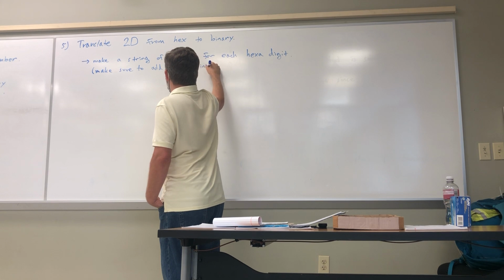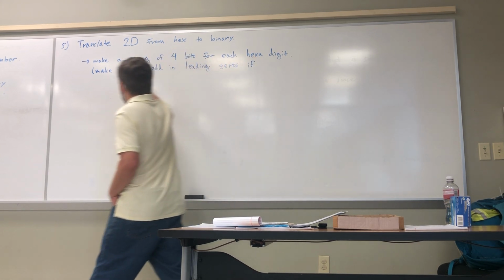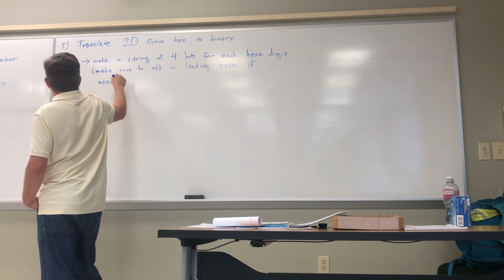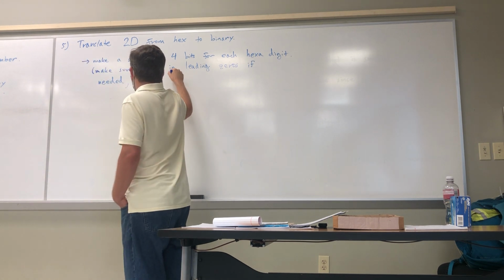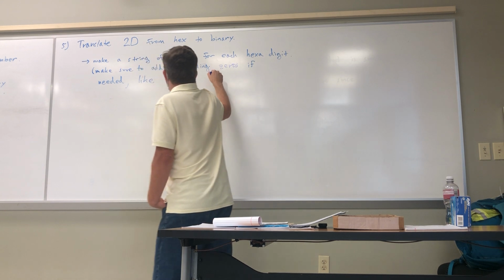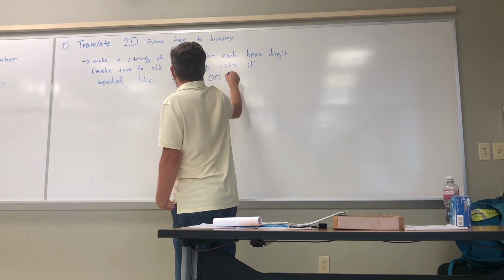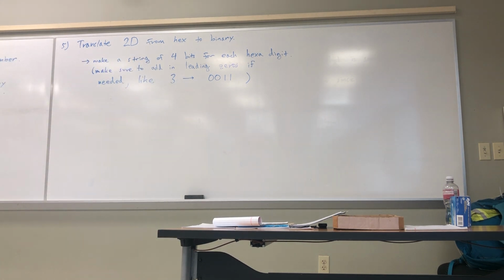I don't know if this one will have a good example of that, so I'll put an extra example here. Like if you see 3, you should make 0, 0, 1, 1. It's 3 because it's 1 plus 2, but you got to make it with 4 bits, so you have to put in the extra zeros.